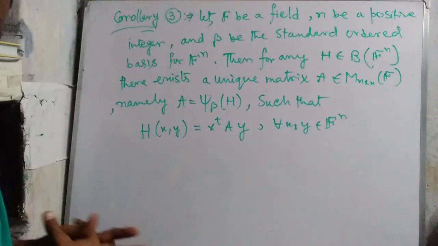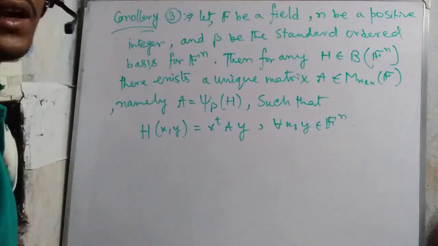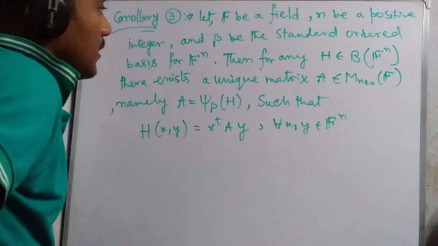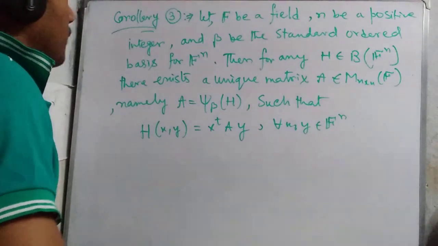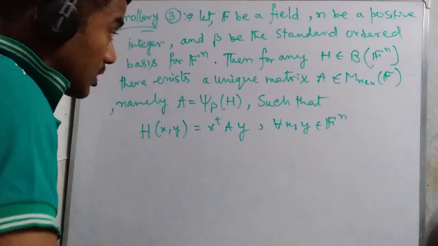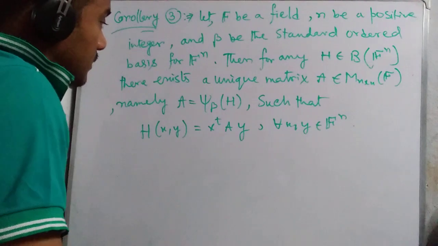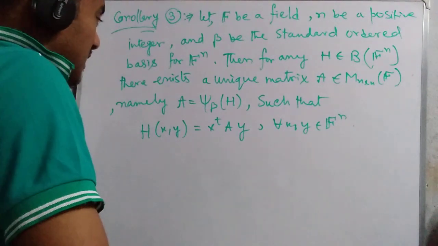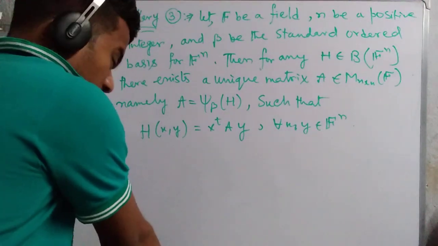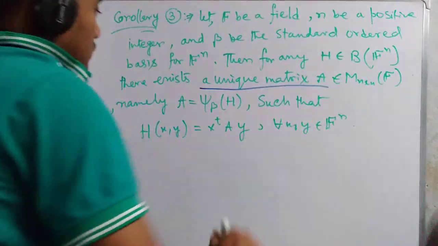Okay, so we also discuss: F be a field and n be a positive integer, and let beta be the standard ordered basis for F^n. Then for any h belonging to B of F^n, there exists a unique matrix A belonging to M n cross n of F, namely A equal to psi beta of h, such that h of xy equals this one. We also discussed this one. Just here a unique matrix.